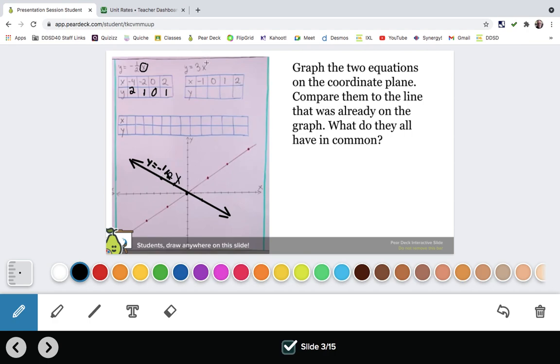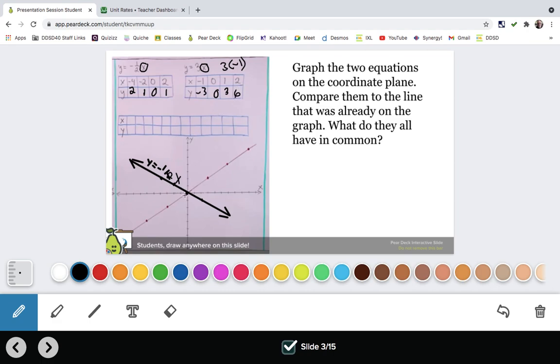All right, and so then we're going to put these values into the equation y equals 3x. So instead of x, we're going to do 3 times -1. That's -3. 3 times 0 is 0. 3 times 1 is 3. And 3 times 2 is 6.